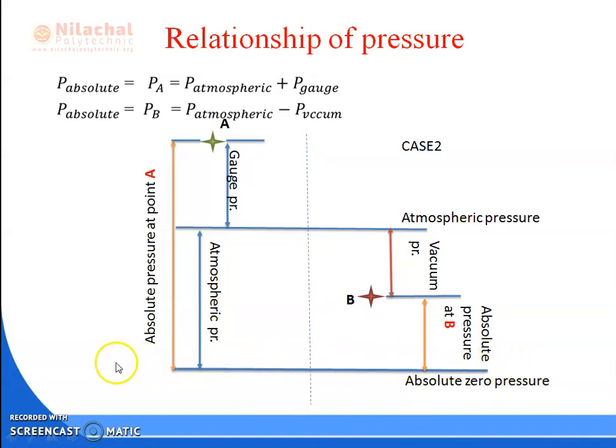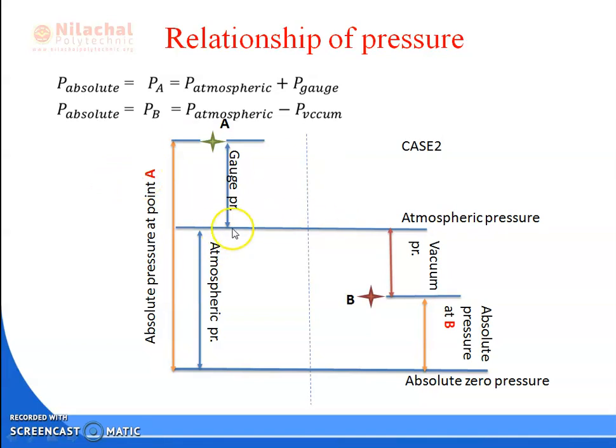I mark a point A here. I want to measure the pressure at point A with respect to absolute zero pressure. So the pressure is equal to rho g h. The pressure we calculate with reference to absolute zero pressure is known as the absolute pressure at point A.